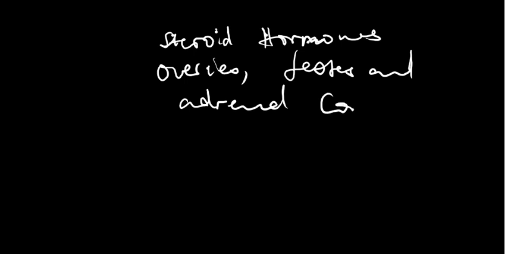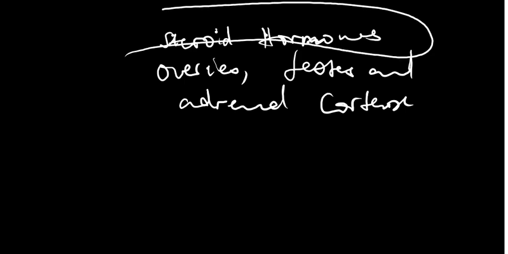So you also find fatty acids and glycerol in these organs, because this is where there is steroid hormone synthesis. Next up we are going to talk about mobilization of fatty acids.